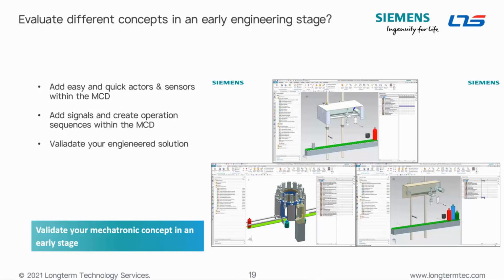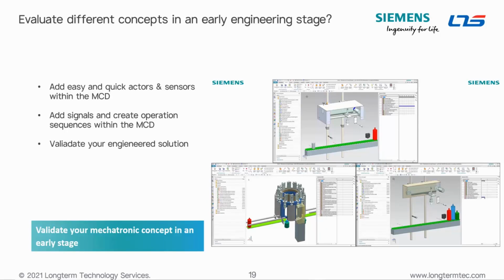So I could do that with a revolver solution, or with a movable traverse, I would say, with a movable axis which moves up and down to fit the right bottle size. Good. And what I have to do is add actors and sensors. I have to create signals, and even add sequences here to validate at the end my engineering solution.